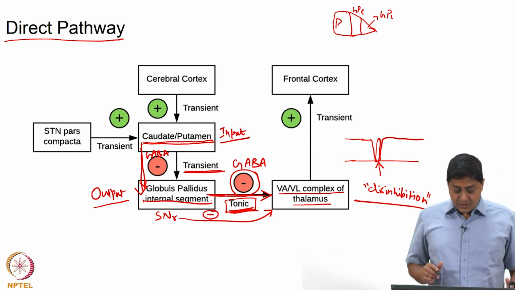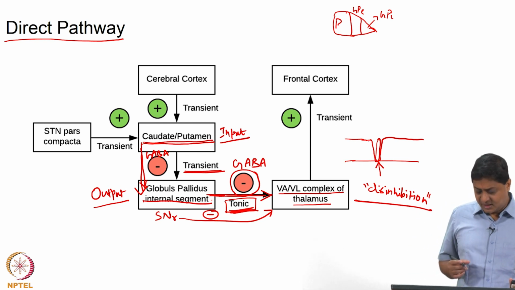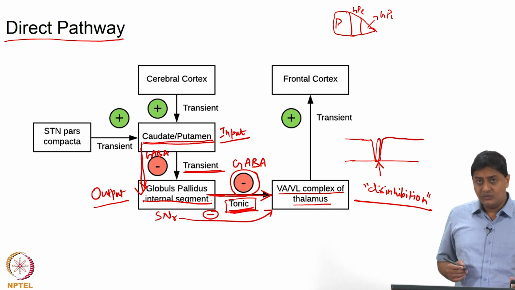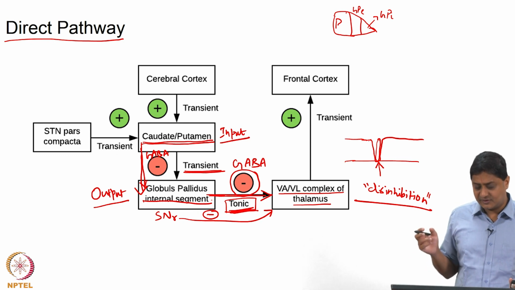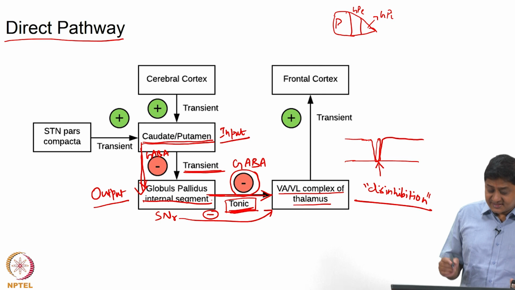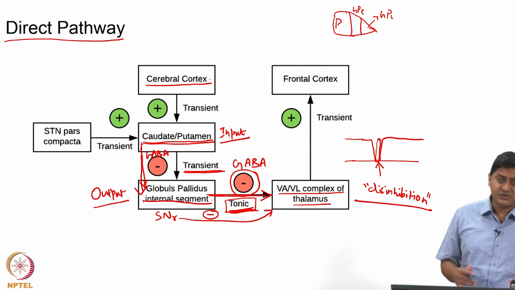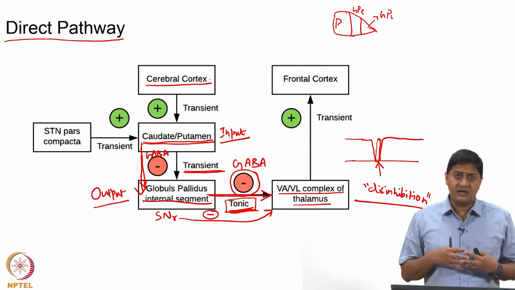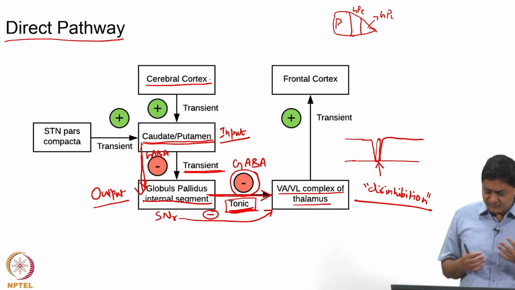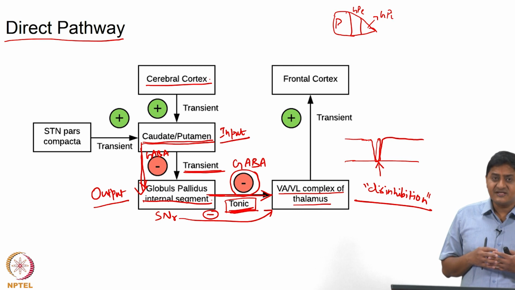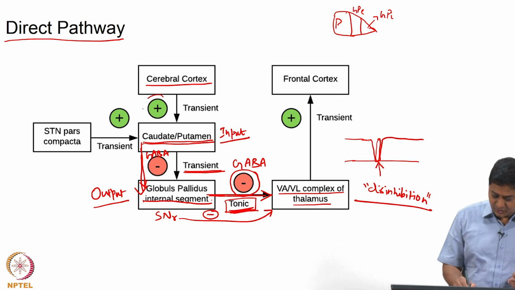Okay. But what makes the caudate and putamen provide transient inhibitory input to the globus pallidus internal? That is the question. That is because the cerebral cortex, actually through several pathways, not just the motor pathway, there are multiple pathways, association pathways, etc. Through multiple pathways, the cerebral cortex sends glutamatergic inputs, that means excitatory inputs.